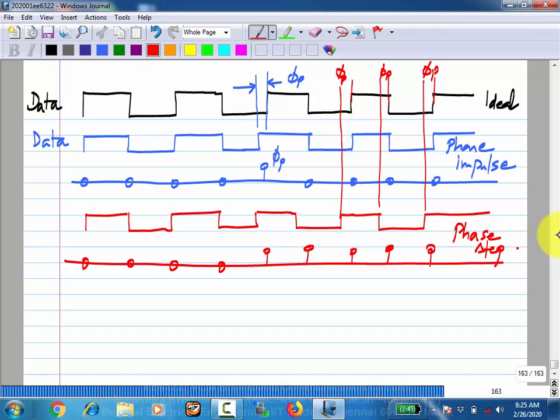What will be a sinusoidal phase? The edges will move back and forth at some frequency, right? So the phase itself will have its own frequency. That is, the edges will move back and forth slowly or rapidly. That is, let's say if alternate edges are, this edge is advanced, next edge is retarded, the next one is advanced, next one is retarded, that is a very high frequency signal, right?